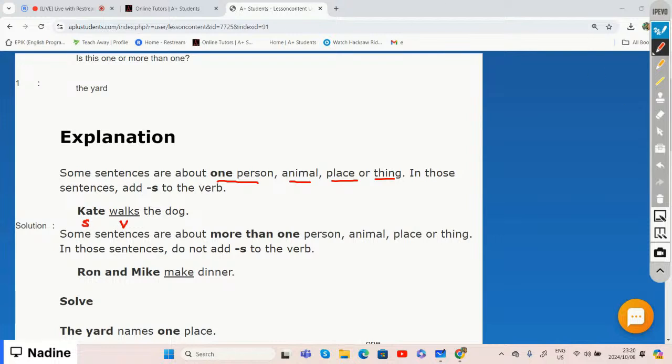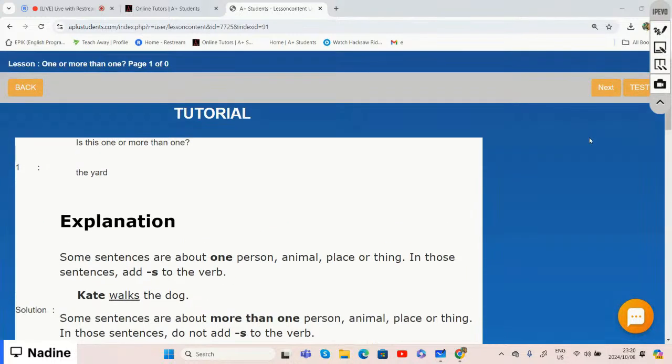All right. And if we look at sentences, it says we need to say if this is one or more than one. It says the yard.